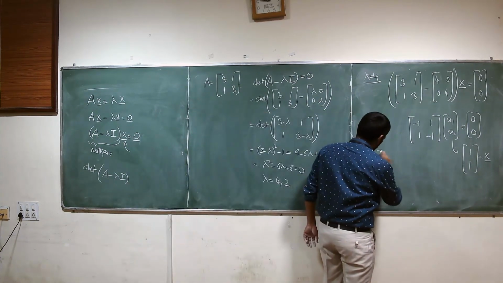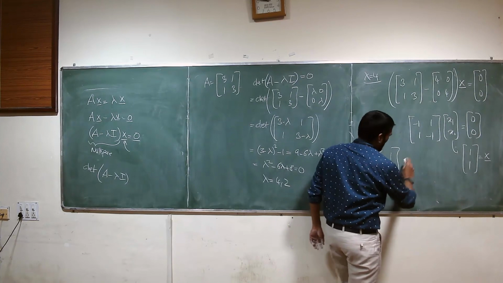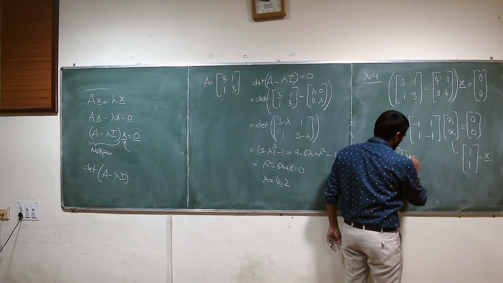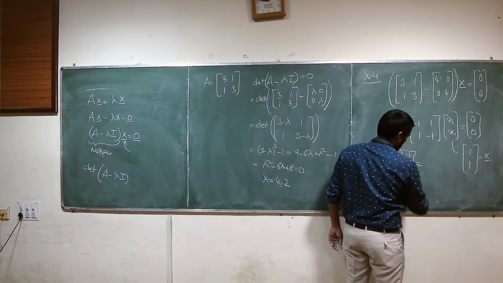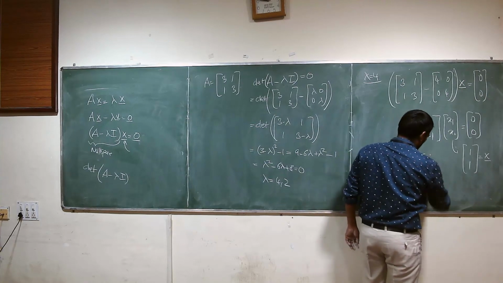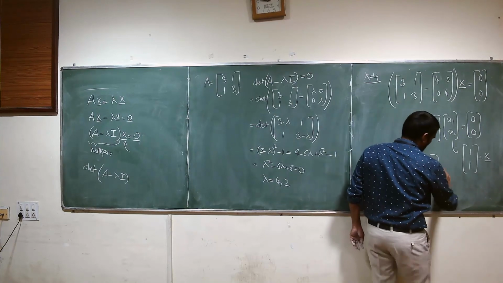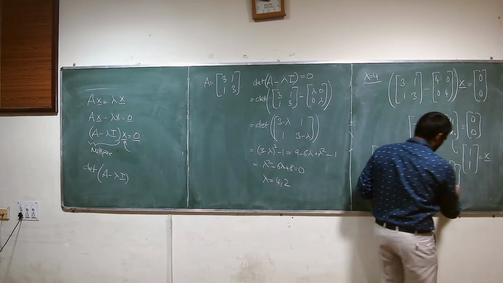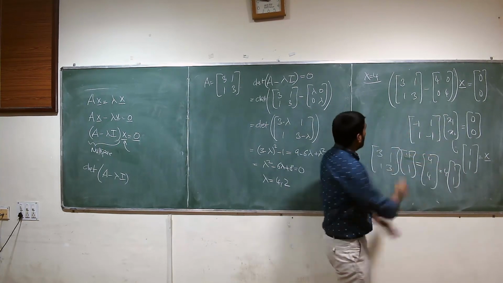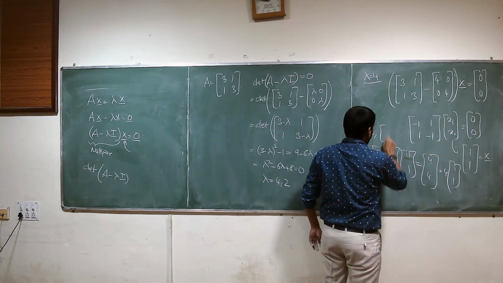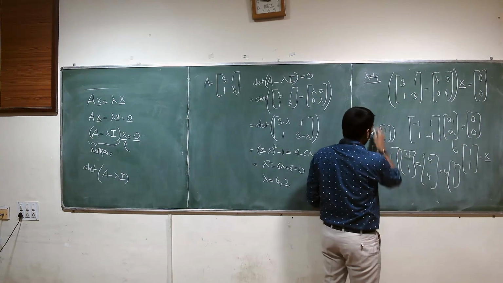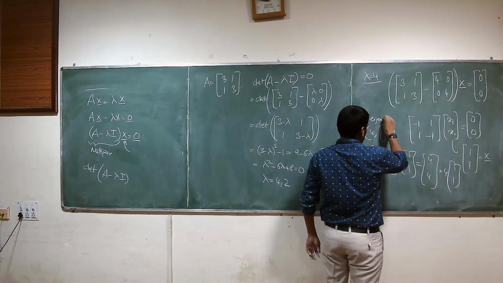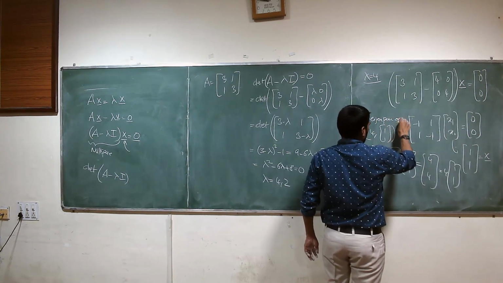So 3, 1, 1, 3 times 1, 1. If this is an eigenvector, then this is equal to 4, 4, that is 4 times 1, 1. It's in fact correct. So 4 and 1, 1 form an eigenpair of this A.